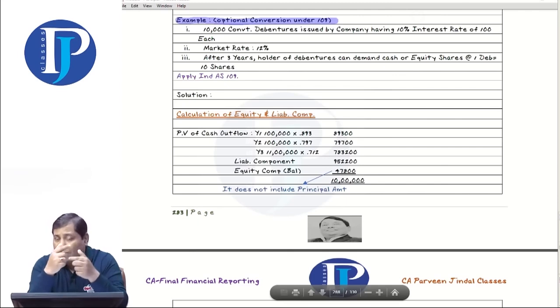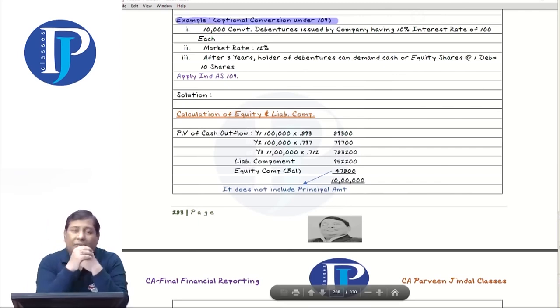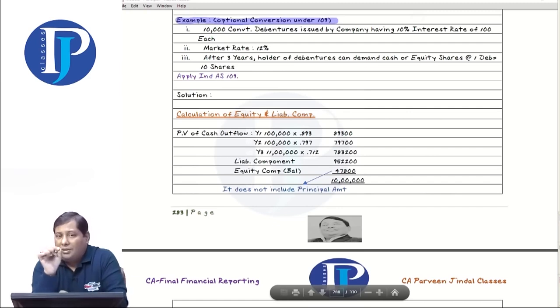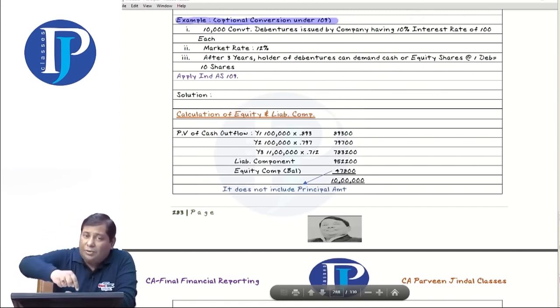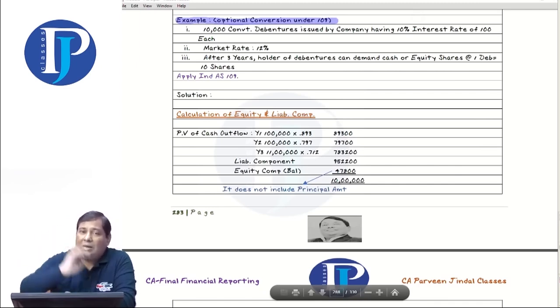Saving interest means higher profits, increased taxes, so you have to take it net of tax. If no tax rate is given, take full. Then divide this by the promised number of shares, which means the number of shares you may have to give. As a result, how much will be saved because of this? How much will the shares increase? We will get the incremental EPS.